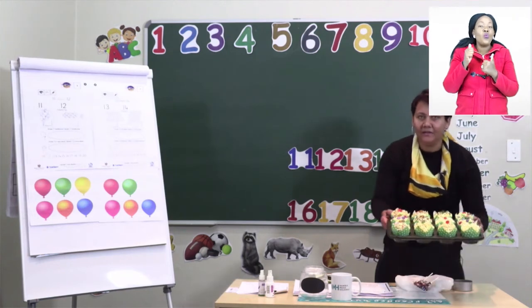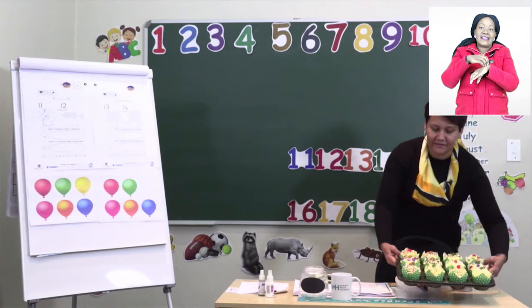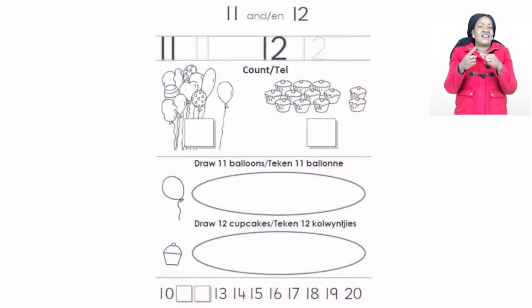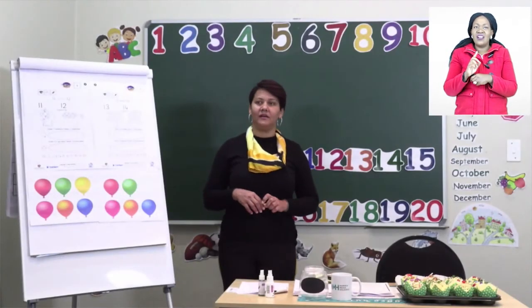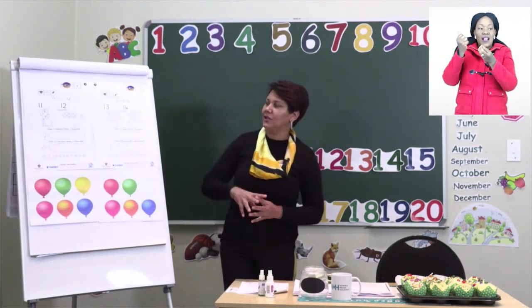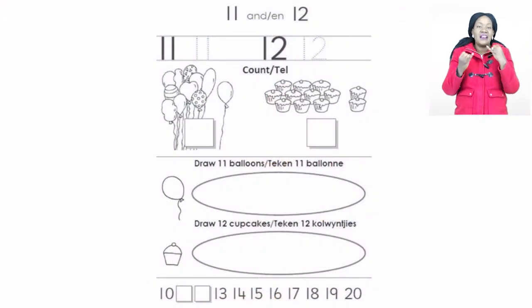Wow, there is 12 cupcakes in a cupcake pan. 12 cakes. What other thing do we know that also has 12? If you look around, you might find it. I think a clock. A clock also has number 12 on it. Make sure you fill in number 12 and enjoy your exercise on page 5.